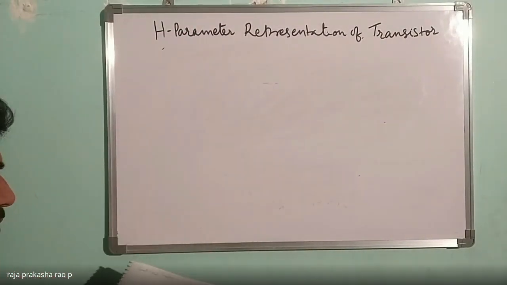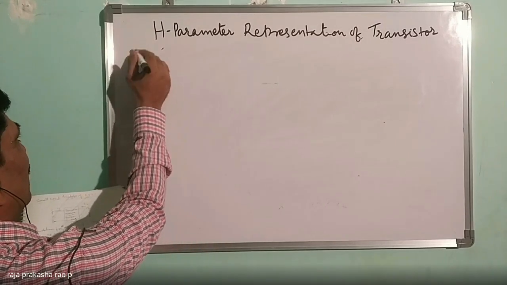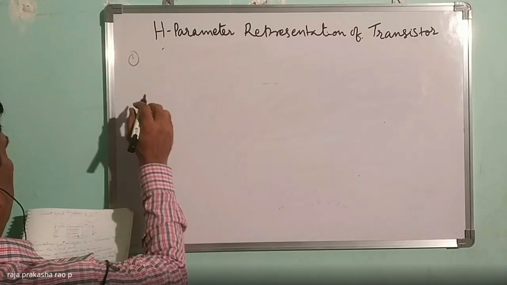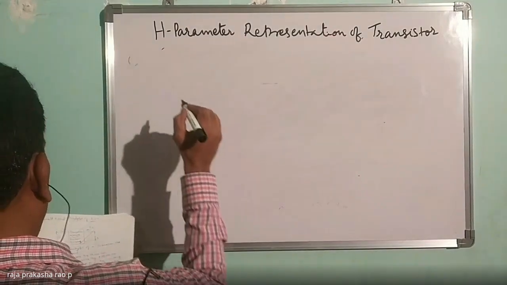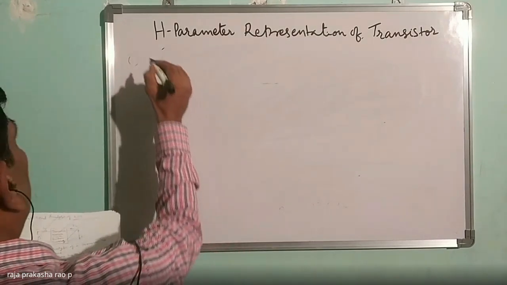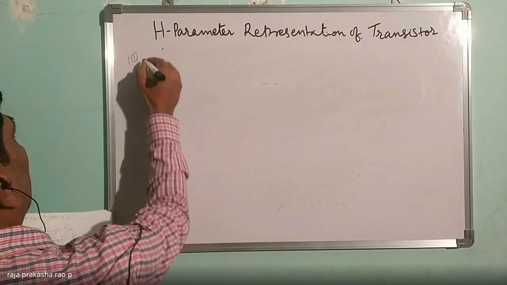The guidelines for analysis of a transistor circuit. So what is the first step? First, we have to draw the circuit diagram.